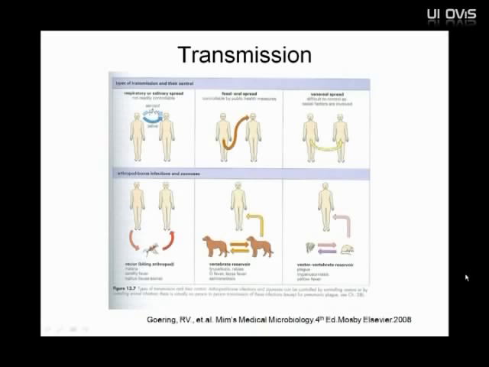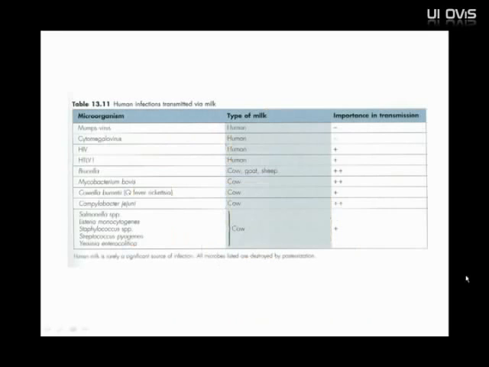The vector is, for example, a mosquito, and reservoirs are mostly animals which may cause zoonotic diseases. This slide shows the pathogens which can be transmitted through milk from human or cow.